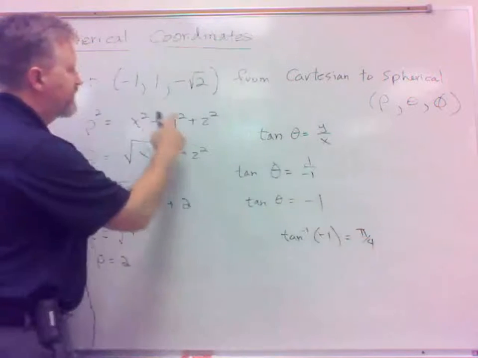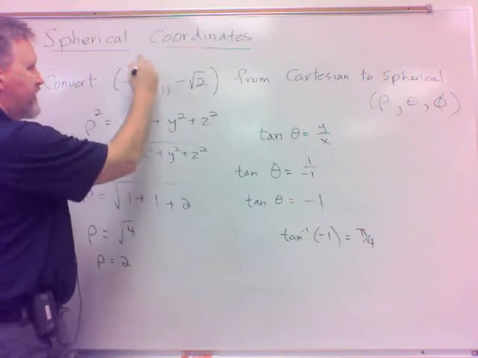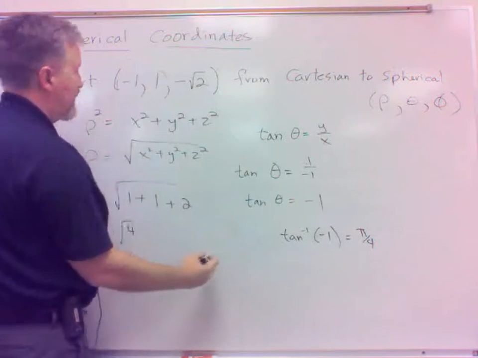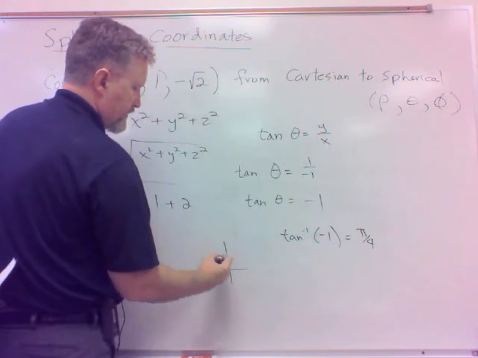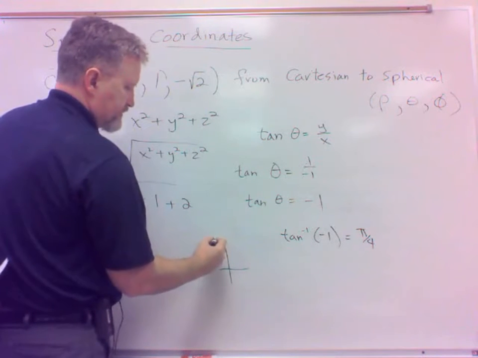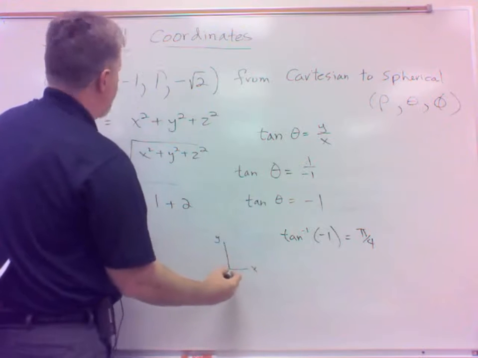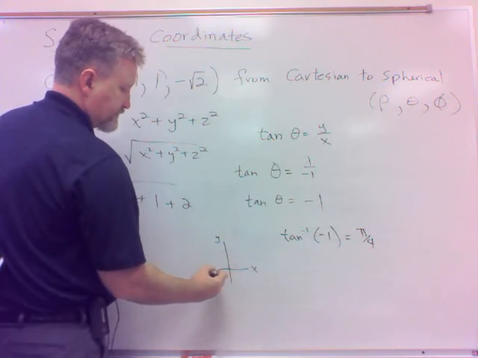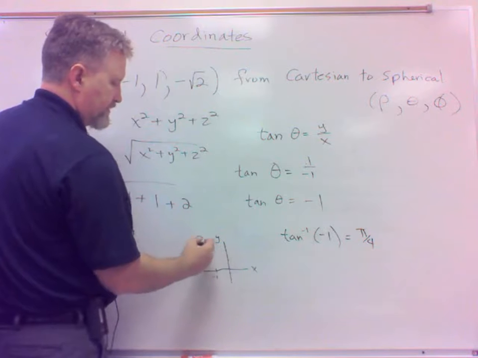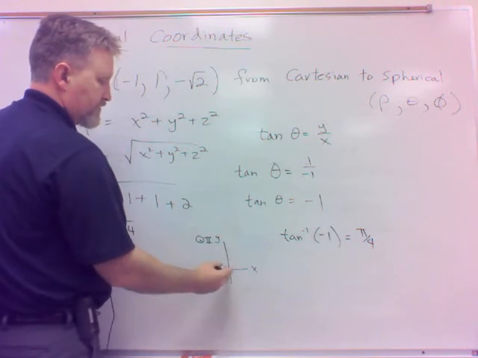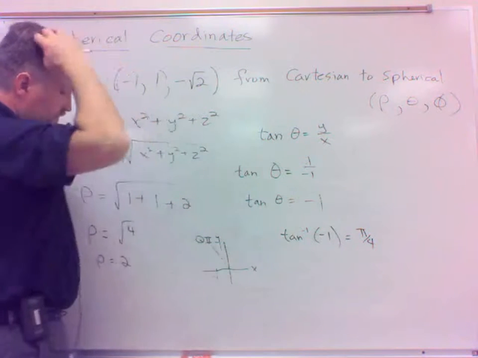However, if you think about the xy plane here, we're talking about -1, +1. Just looking at the xy part of this, x is -1 and y is +1. So we're talking about quadrant 2 in the xy plane.